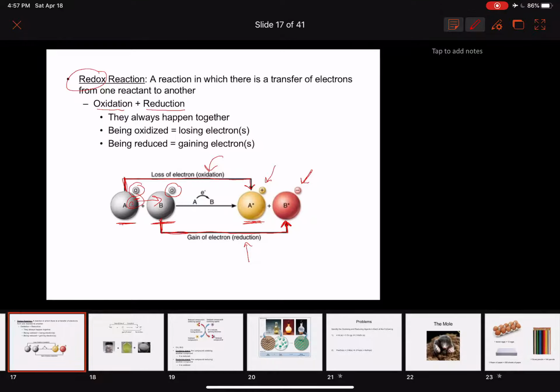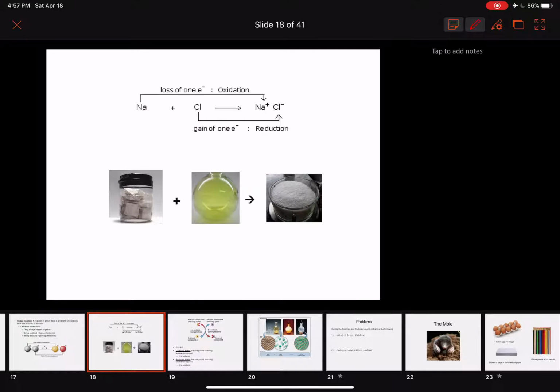So looking at an example of this type of reaction, we'll see here that we have sodium metal, and that's a solid, and it's reacting with chlorine gas.